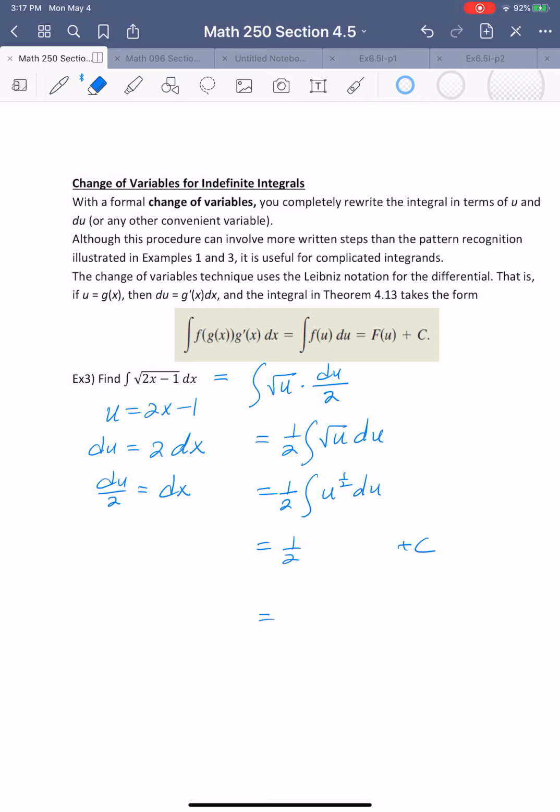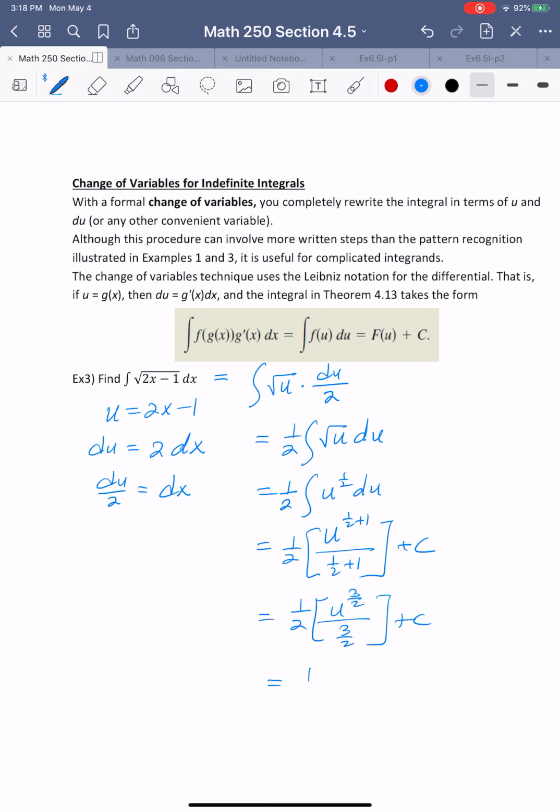I just need to do u to the half plus 1 over half plus 1, and then half of, you get u to the 3 over 2 power over 3 over 2 plus c. Then half of that, multiplying by the reciprocal, is 2/3 with u to the 3 over 2 plus c, and then it's going to be 1/3. Then we can put it back to the original, where u was 2x minus 1, to the 3 over 2, plus c.